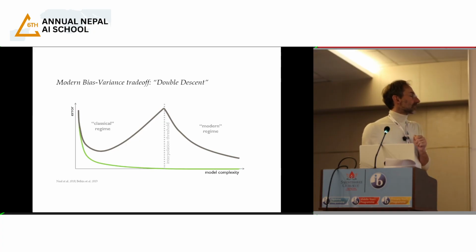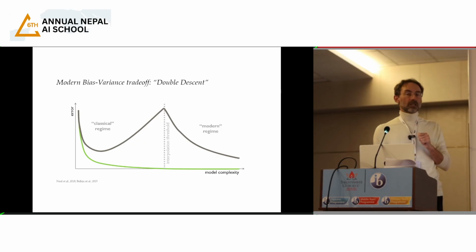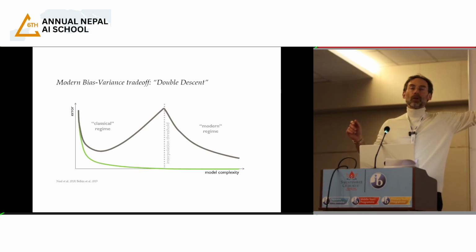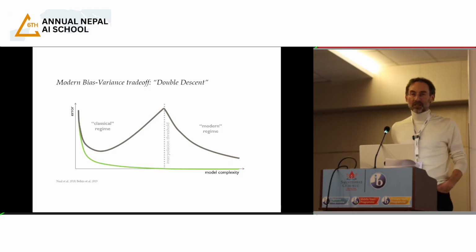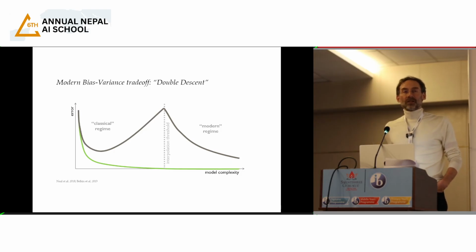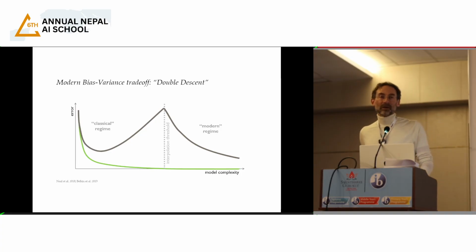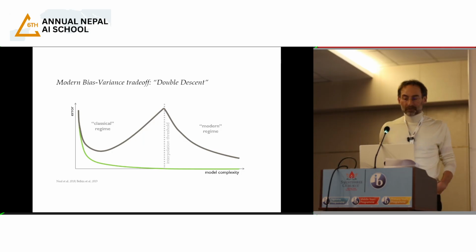Then if I continue increasing the model complexity, adding more layers in my deep neural network, I will see that the error goes down again. This is often called the double descent phenomenon, a modern version of the bias and variance trade-off. It has been discovered or rediscovered; I think the most famous paper is by Michael Belkin, but it was probably known years before that.